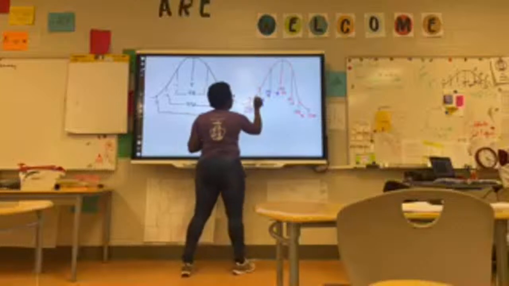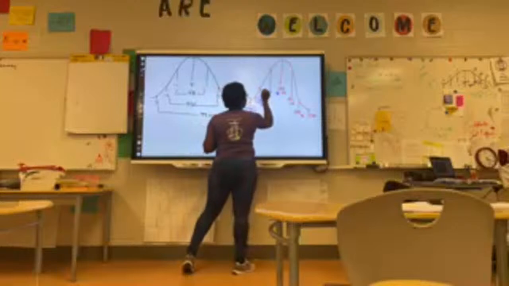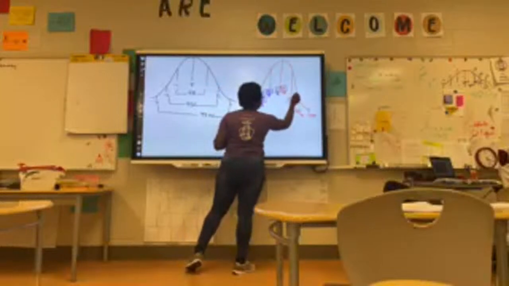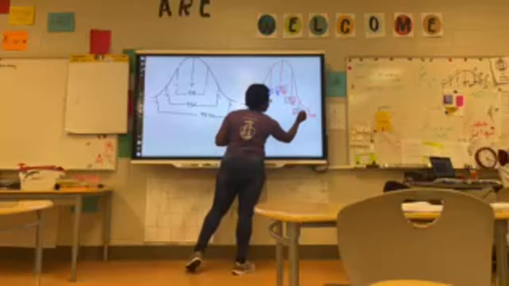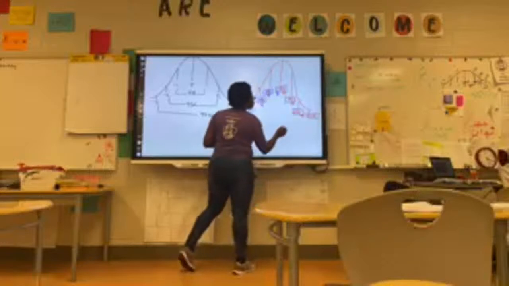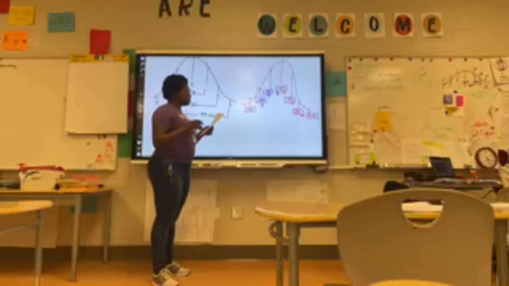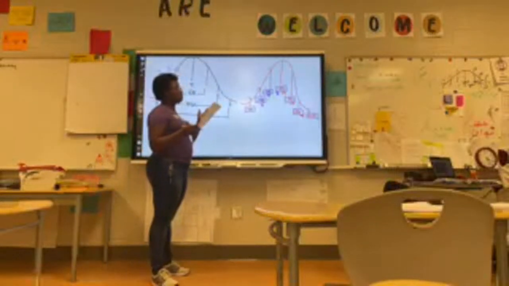I'm going to put a box around all the critical points we're paying attention to. So this represents 3 standard deviations from the mean for the Dutchmen's height.